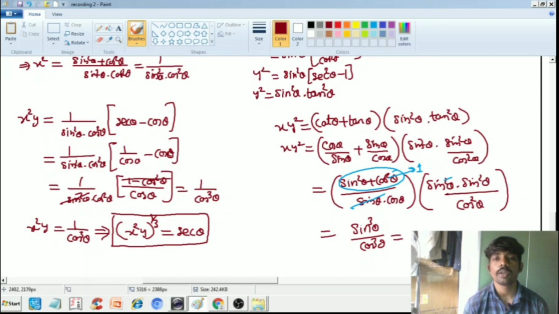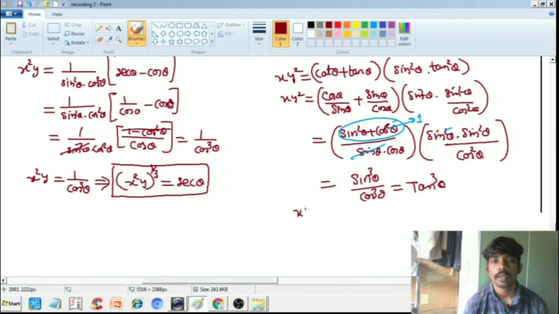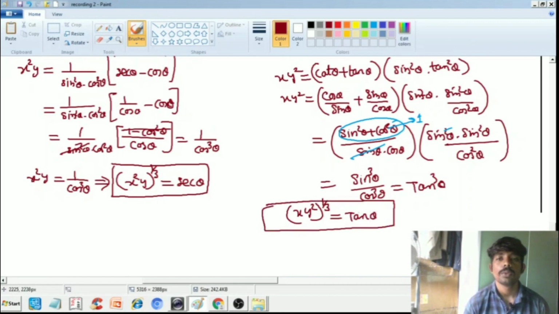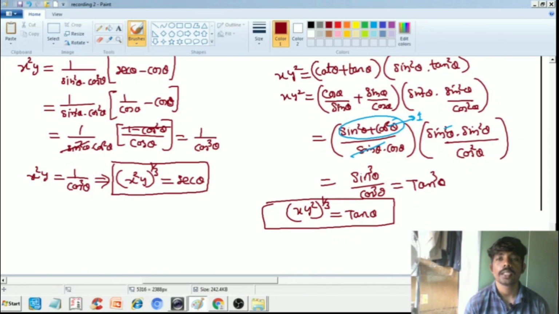Sin by cos is tan, so tan cube theta. So I got x y square as tan cube theta. Raising the power 1 by 3 on both sides, you will get tan theta is equal to x y square, all to the power 1 by 3.